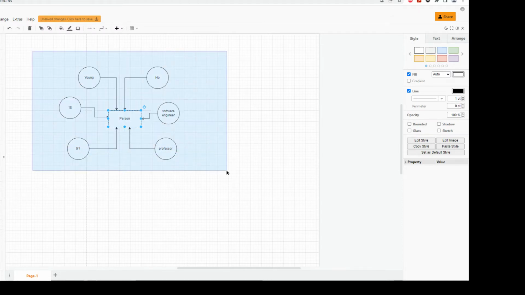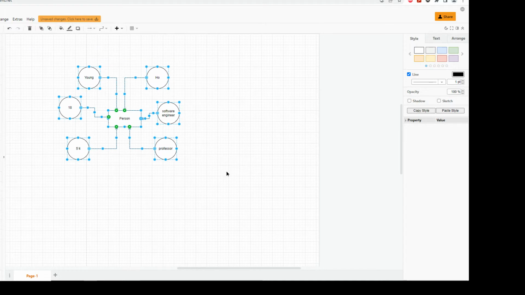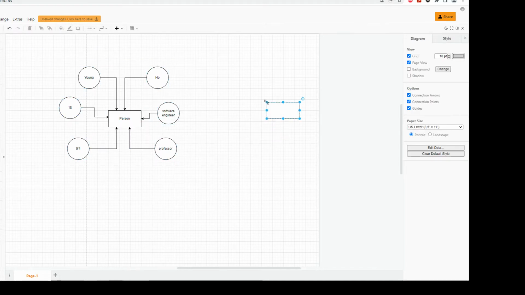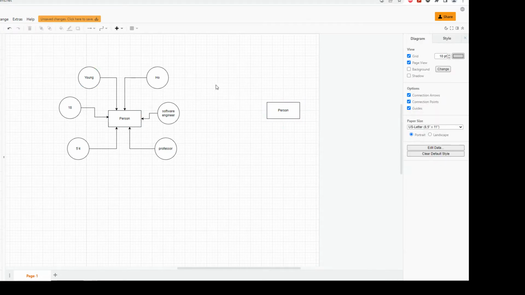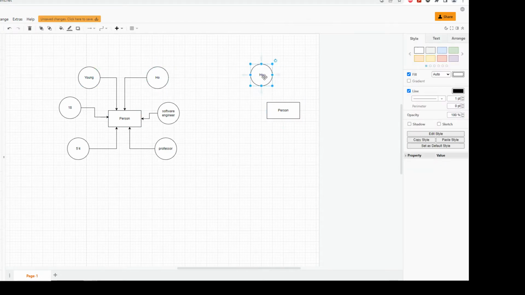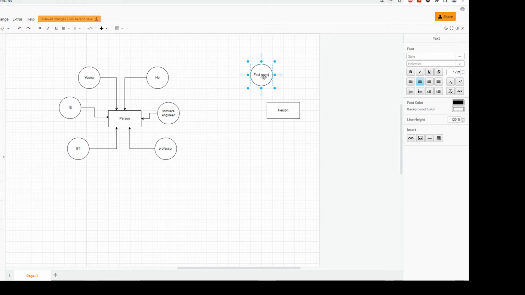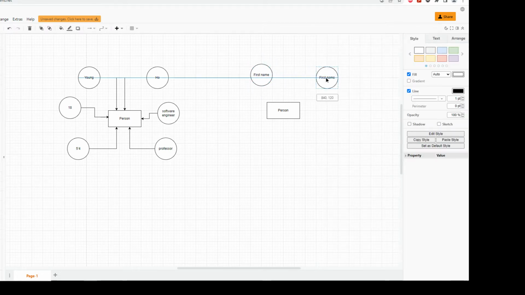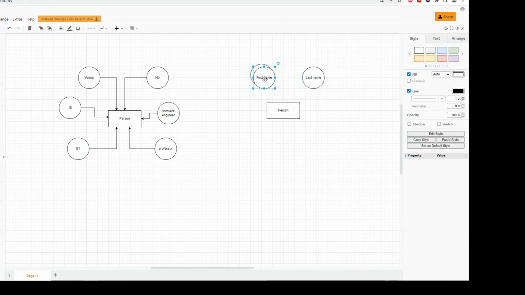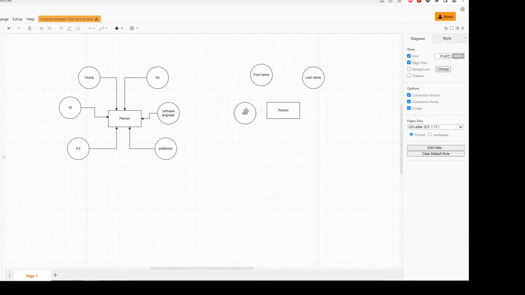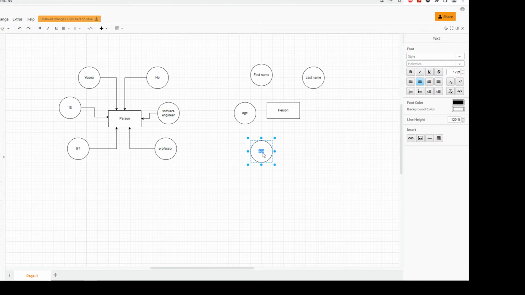So if we are to redo this, then for the person entity, some of the attributes that you would have would be name, right? First name. You can also have last name. You can have age, right? You can have social security number, right?